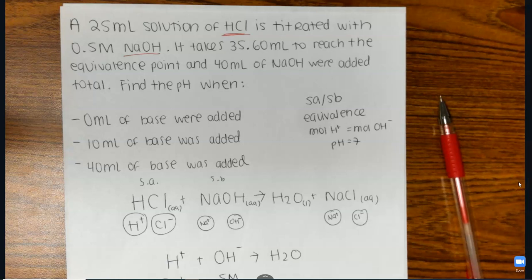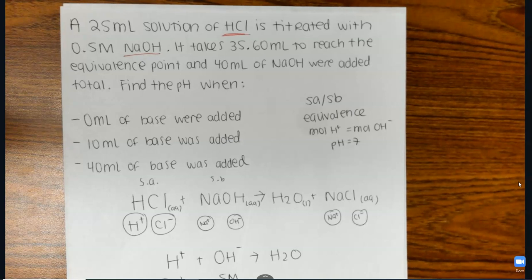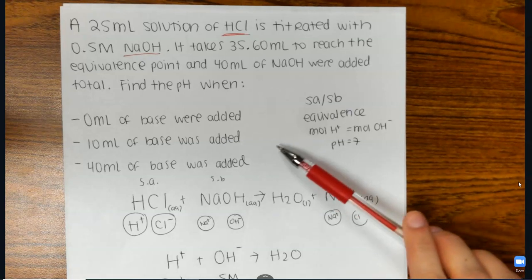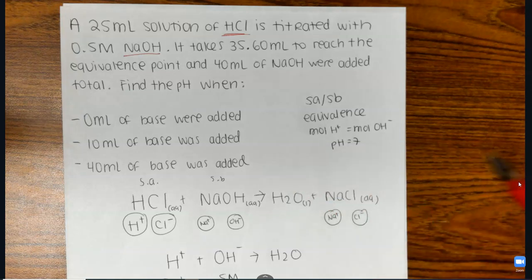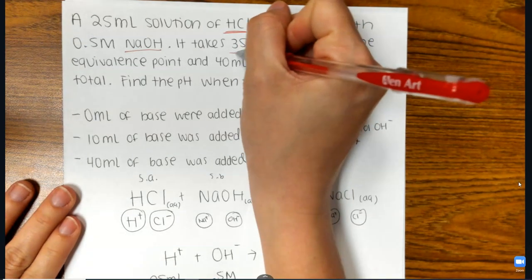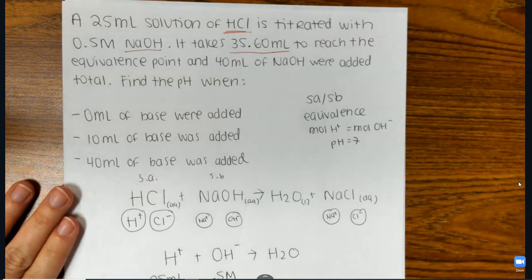This video is a continuation of the first strong acid, strong base titration video, and it's going to go over the last part of this question: how to find the pH when 40 milliliters of base are added. Just to refresh, we have the scenario, HCl is titrated with NaOH, and it takes 35.6 milliliters to get to the equivalence point.